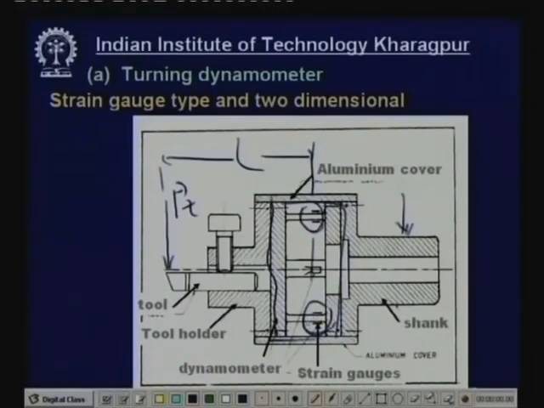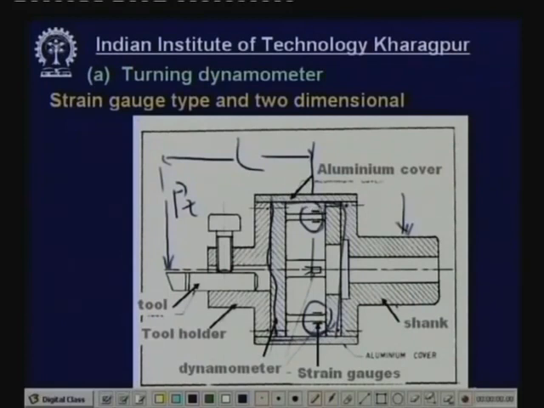Sometimes, because of inconvenience of mounting or inaccessibility of space, we use only 2 live gauges and 2 dummy gauges taken from another source. That is called the half bridge connection, and the sensitivity is half. Sometimes we may have to go even to 1 live gauge, which is called a quarter bridge, and the sensitivity will be 1/4. So preferably we should always use 4 strain gauges, all of them alive.